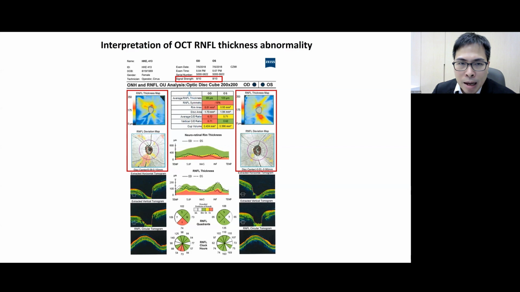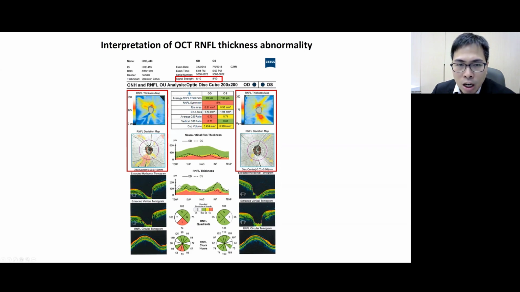The retinal nerve fiber thickness map provides you a qualitative assessment, but for quantitative evaluation, you can always refer to the deviation map, which shows whether the retinal nerve fiber layer thickness in a particular region in this map is below the 99th percentile, which would be indicated in red in the deviation map, or below the 95th percentile, which would be indicated in yellow.